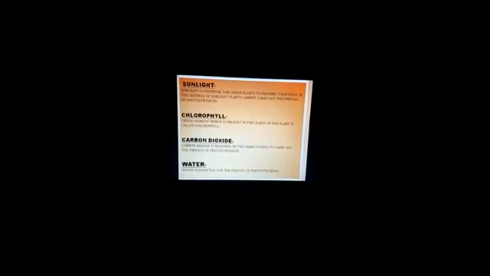In the absence of sunlight, plants cannot carry out the process of photosynthesis. Chlorophyll: the green pigment which is present in the leaves of the plant is called chlorophyll. Carbon dioxide is required by the green plants to carry out the process of photosynthesis. Water is essential for the process of photosynthesis.